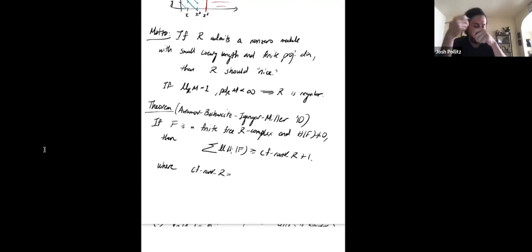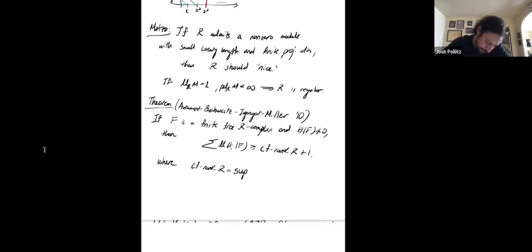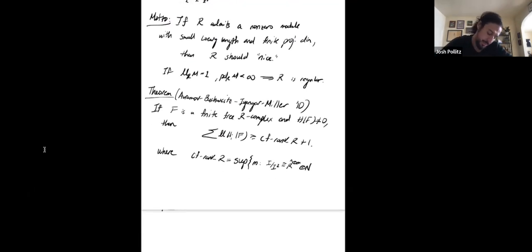You take the conormal module of R and you try to find the maximal free direct summand in there. So it's the rank of the maximal free direct summand. So it's the sup over m such that when you look at I mod I squared, there's a free summand of rank m that splits off of the conormal module. And this is where you range over all minimal Cohen presentations.